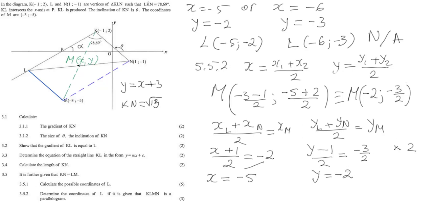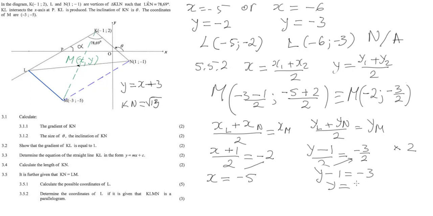Let me repeat here. If you cross multiply, you have minus 3. So y, when you transpose minus 1, will be plus.